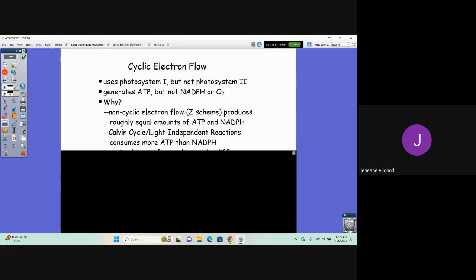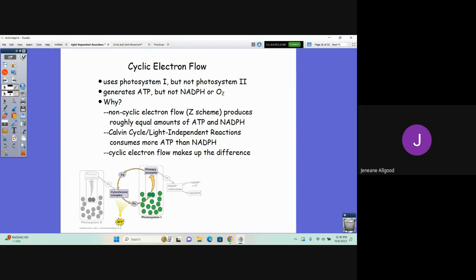So if I don't take a chance every once in a while to just go ahead and make more ATP, then eventually this process is going to lag behind, because it's going to have enough NADPH but not enough ATP, and it needs both. In fact, of course, it needs more ATP than it does NADPH. And so that's why every so often, instead of doing the entire light reactions diagram, it'll switch to this cyclic electron flow and just do a couple of the steps on repeat to generate the extra ATP that you need for the Calvin cycle.